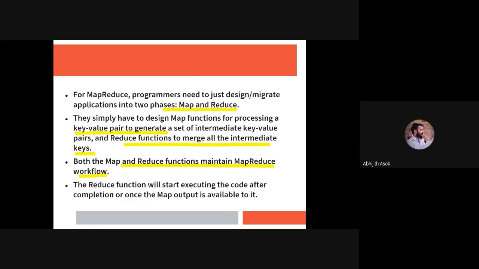The function of the reducer is to execute the code, and once it is completed, it will combine all the output. Once the map output is available to it, it will start executing and output to the next processing.